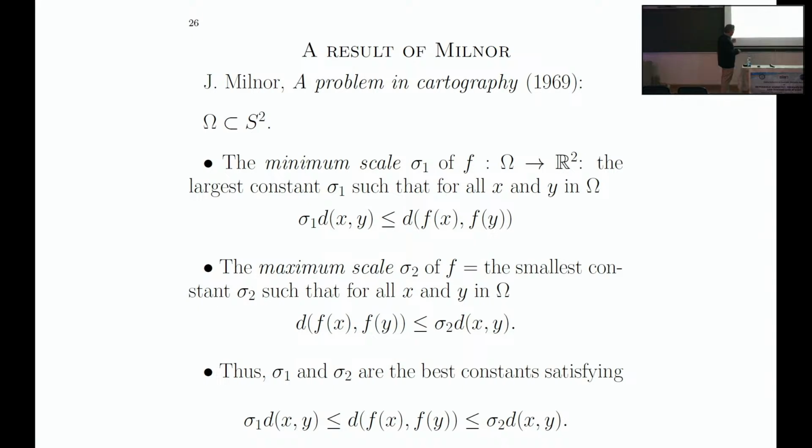And from the other side also, if the images are some distance apart, then it implies that the points themselves are some bounded distance apart. So this is the usual definition of a quasi-isometry, and I think I wrote it somewhere here.